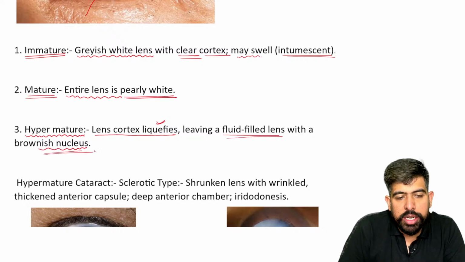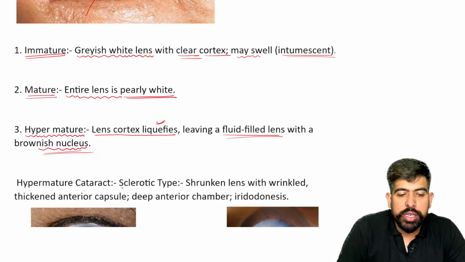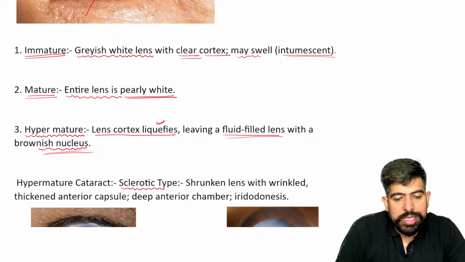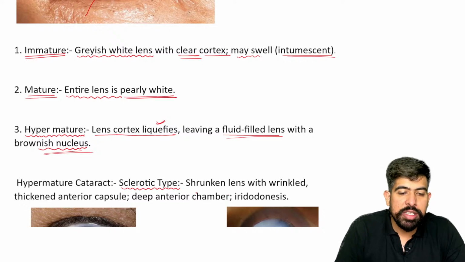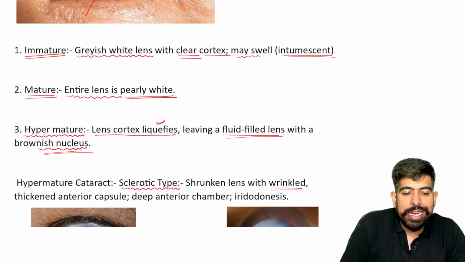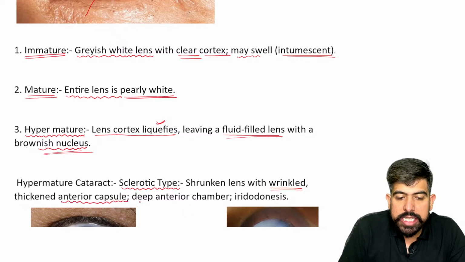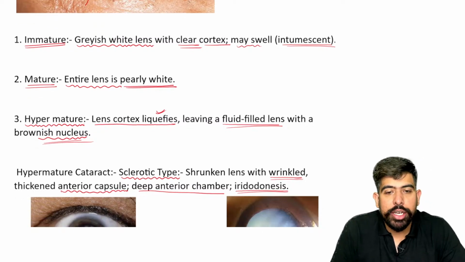Please remember, the hypermature cataract is sometimes also the sclerotic type. What is the meaning of sclerotic? There will be a shrunken lens with wrinkles and a thickened anterior capsule, and that's why there is a deep anterior chamber and it may cause iridodonesis.